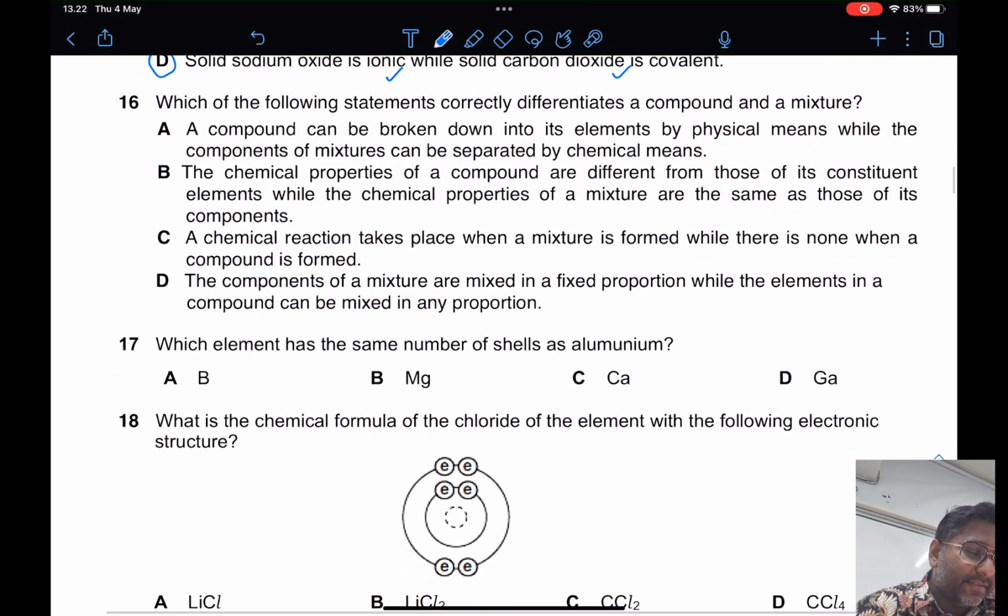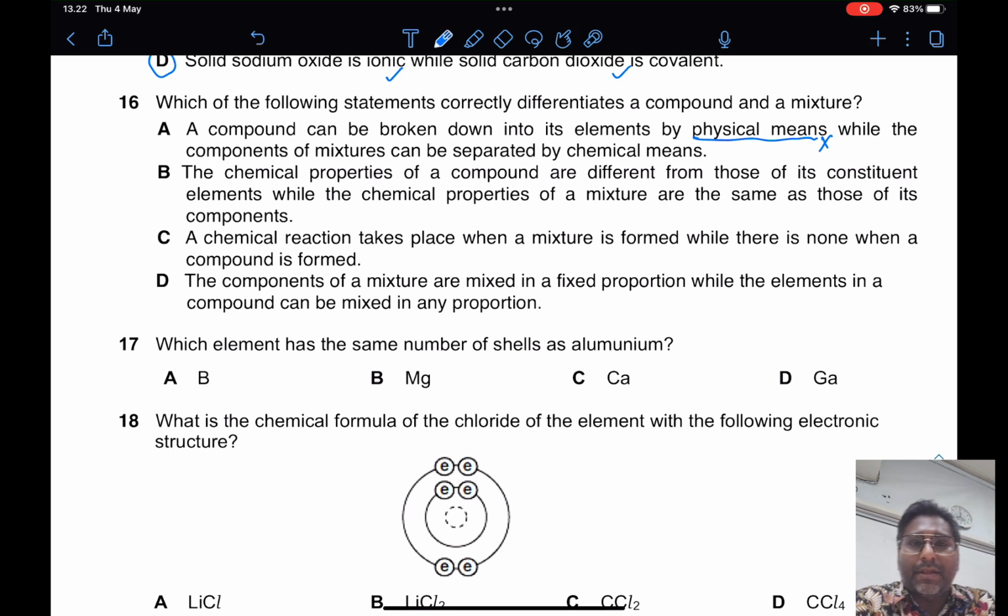Now next. Which of the following statements correctly differentiates a compound and a mixture? A compound can be broken down into its elements by physical means? No. A compound can only be broken down using chemical means, it cannot be physical means.